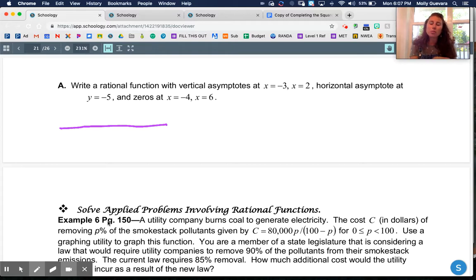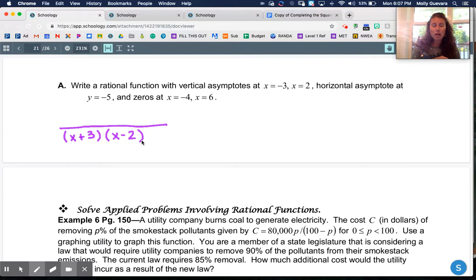Okay, vertical asymptotes are when there's zeros on the bottom, but not the top. So that tells me that x minus -3, right? So x plus 3 is a 0 on the bottom. And it tells me that x minus +2 is a 0 on the bottom. Because the only way that they can be vertical asymptotes is if there's zeros on the bottom only.